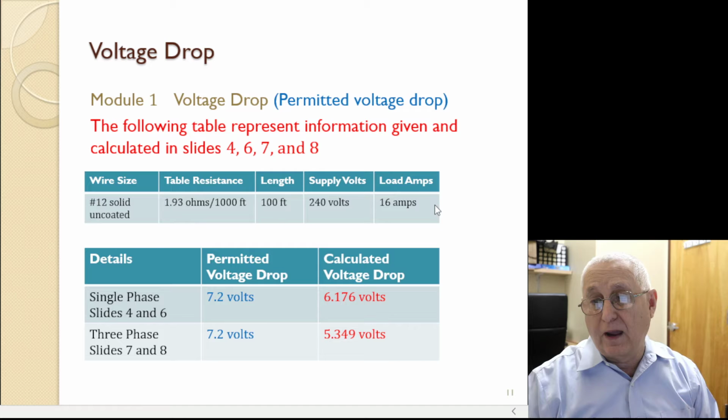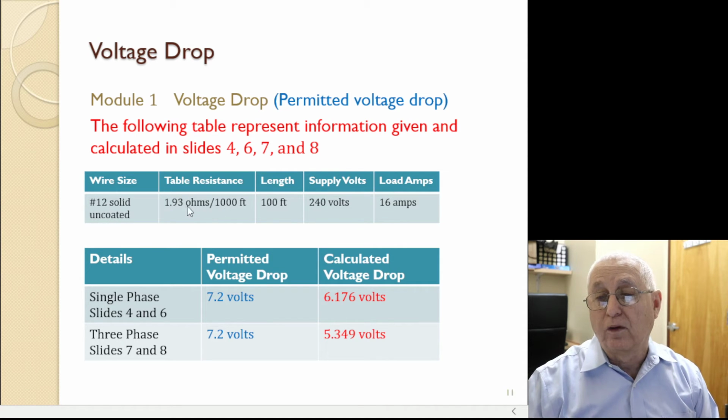The following table represents information given and calculated in slides number 4, 6, 7, and 8. There's that number 12 solid uncoated conductor. The table resistance was 1.93 ohms per 1,000 feet. Our length was 100 feet. Our supply volts were 240 volts, and our load amps was 16.